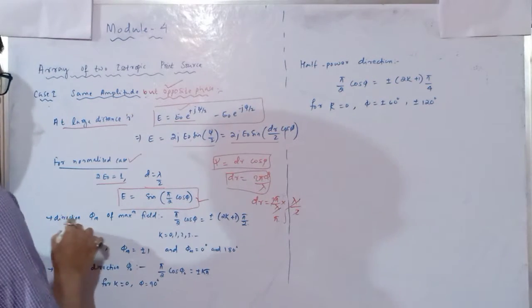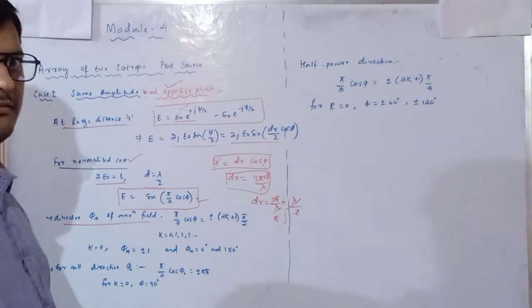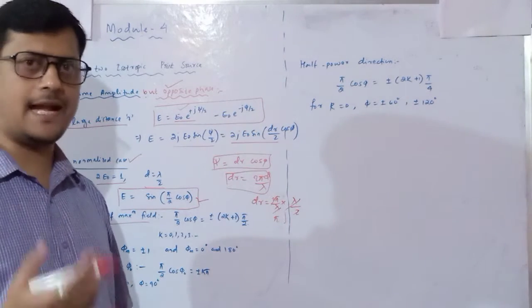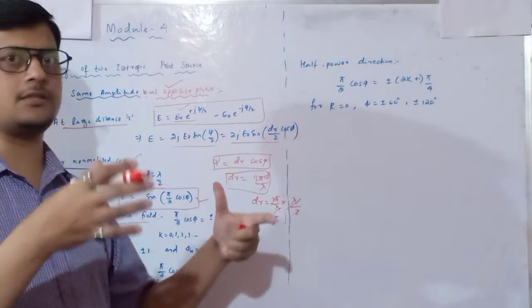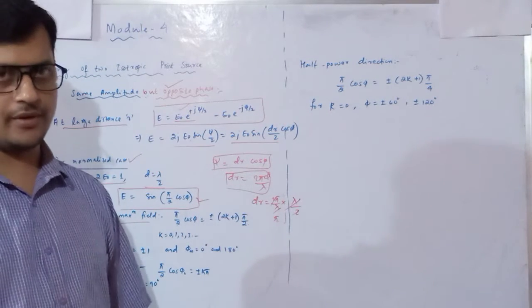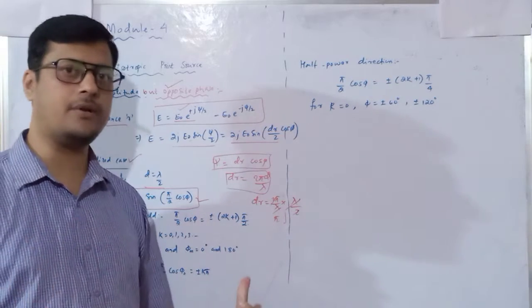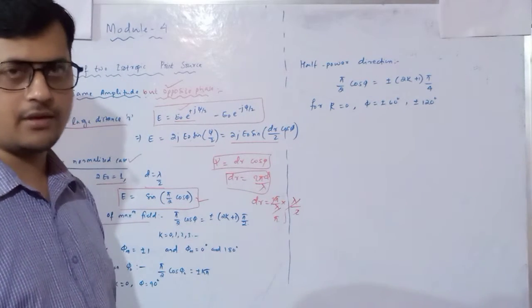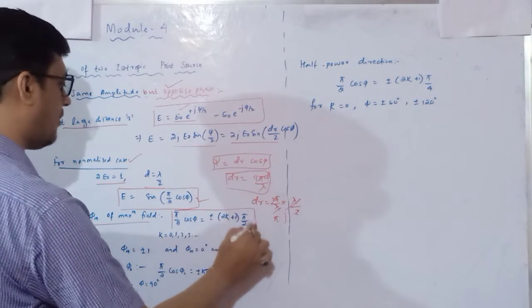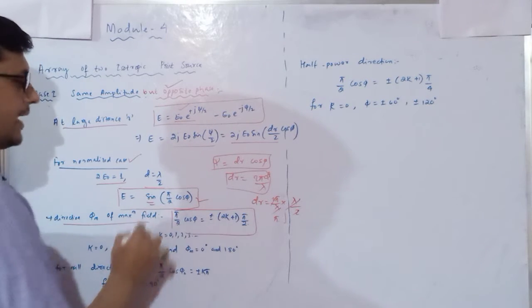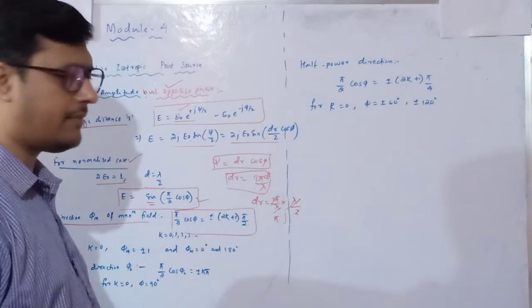Now in which particular direction will we get the maximum field, that we have to identify. It has a maximum field when the sine term has its maximum, which is when the argument is pi by 2. So here pi by 2 cos phi, since it is sine, you have to represent the maximum in terms of pi by 2.